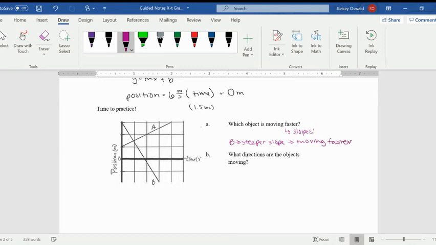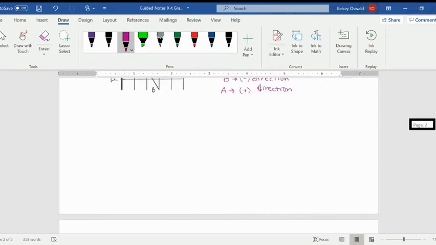It's okay that that slope is negative, because that just tells us that B is moving in the negative direction. Okay. It's still moving at a faster rate. It's just moving in the negative direction. Whereas for A, we have a positive slope, so it's moving in the positive direction. Okay, so the sign of our slope will tell us what direction we're moving, whereas the value or magnitude of our slope will tell you how fast our object is moving.